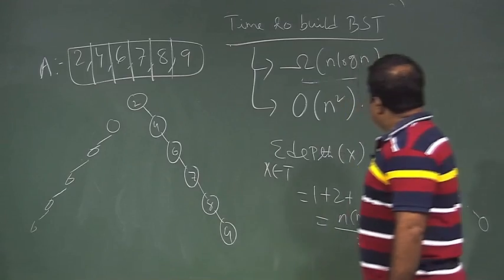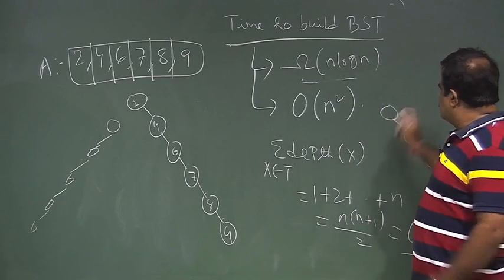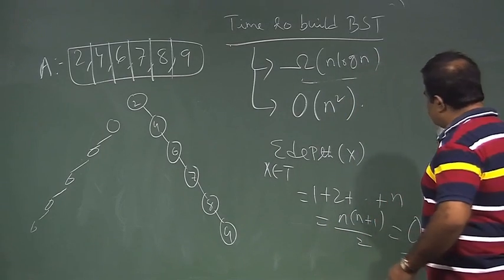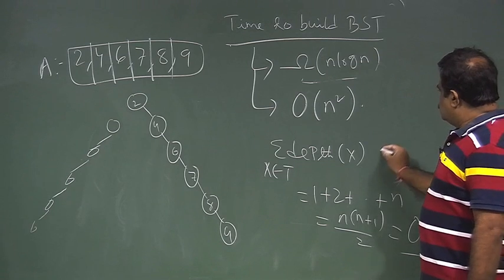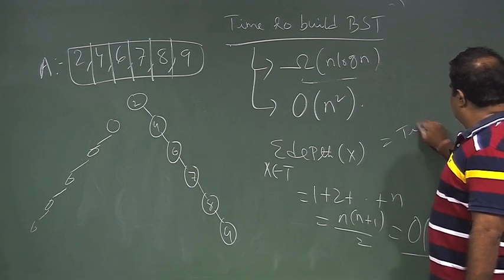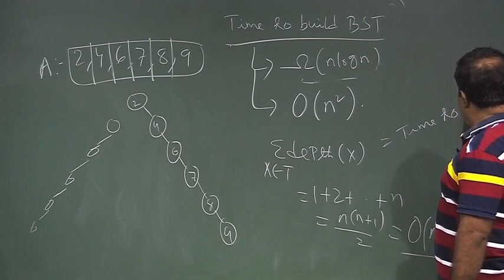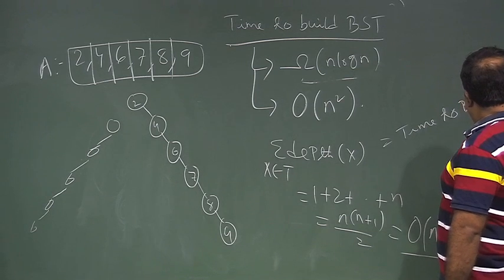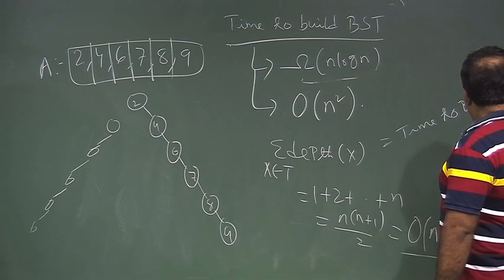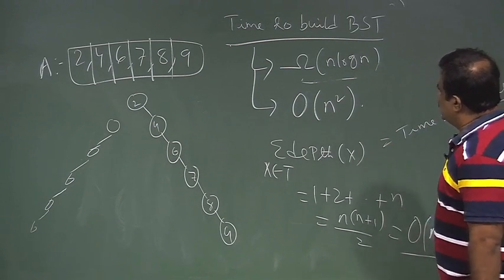So, this is the worst case. Worst case is order of n square to build the tree.